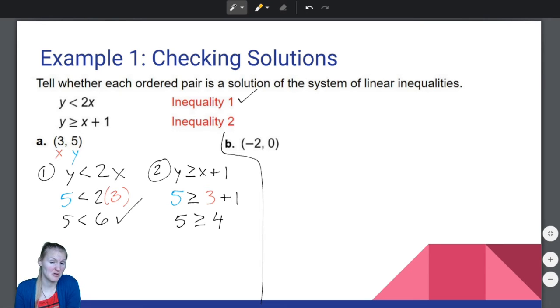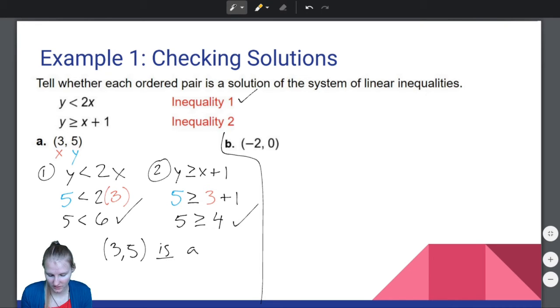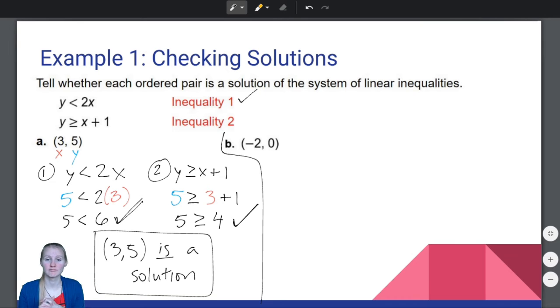Is 5 greater than or equal to 4? Yes. So we will say that (3, 5) is a solution. It is a solution because it satisfies both of our inequalities.